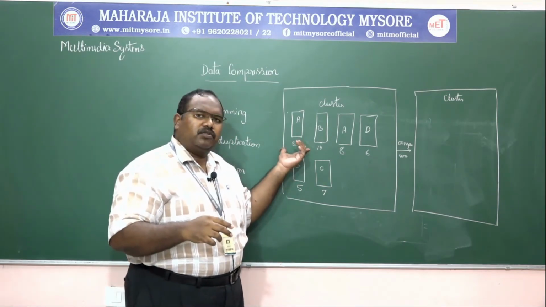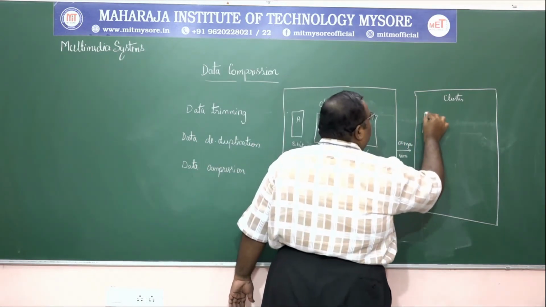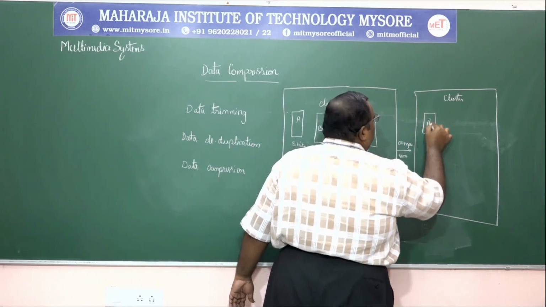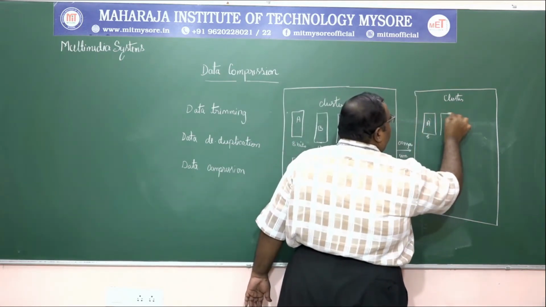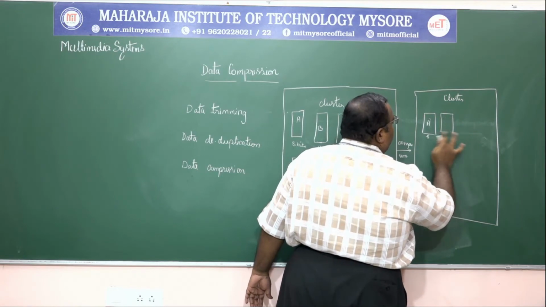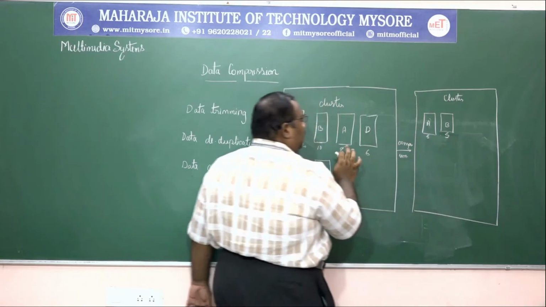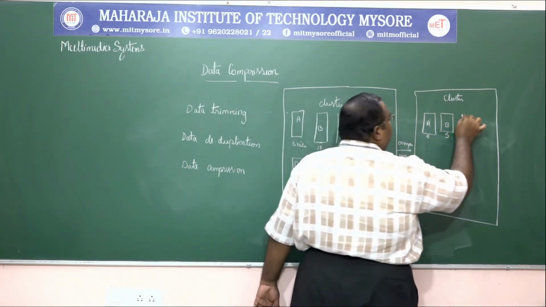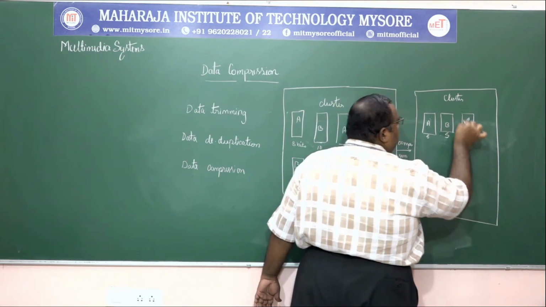Now we use the process of compression. What happens here? The file of 8 bits has been reduced to 6 bits. Here file B using 10 might have been reduced to only 5 bits. Again A, which was using 8, might have reduced to only 3.